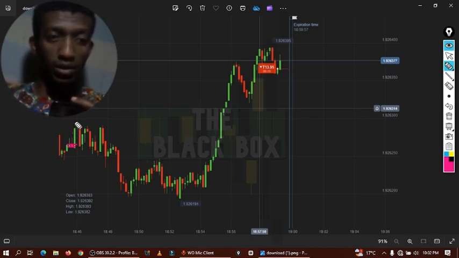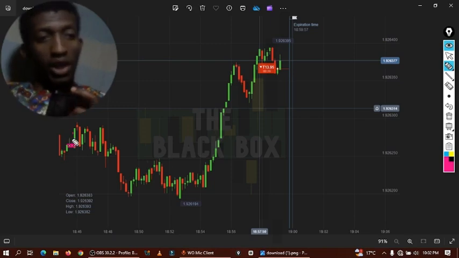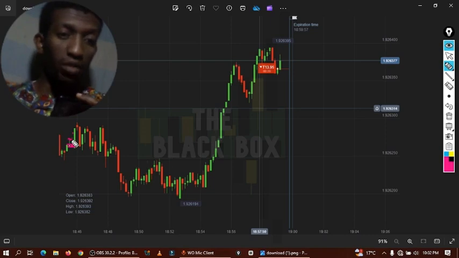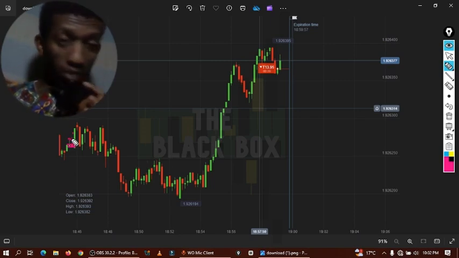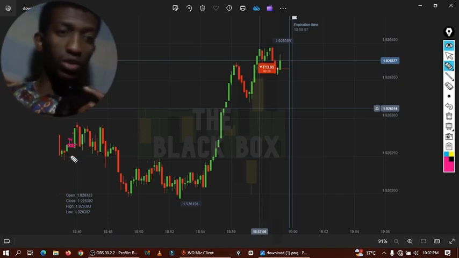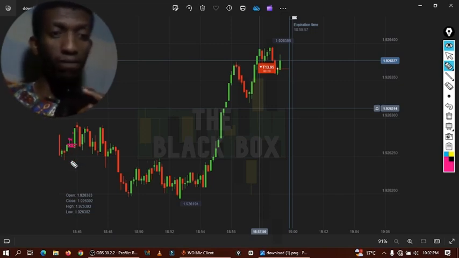And I already told you to measure the black box, the two candles. If they are anemic, you can use their wicks, which will be equal. If they are big bodied candles, you use their bodies. So what exactly happened here?